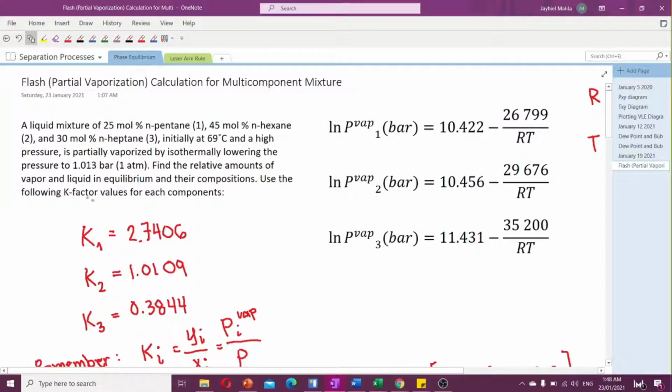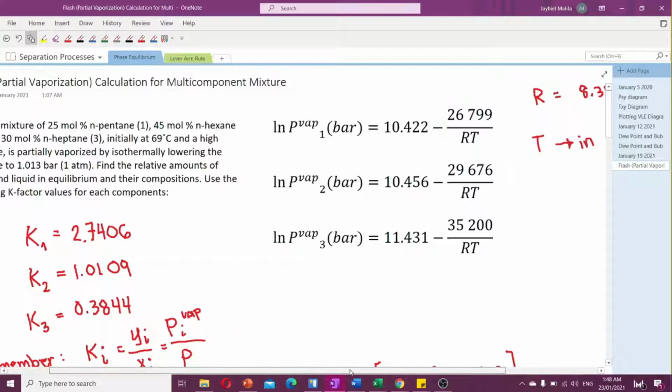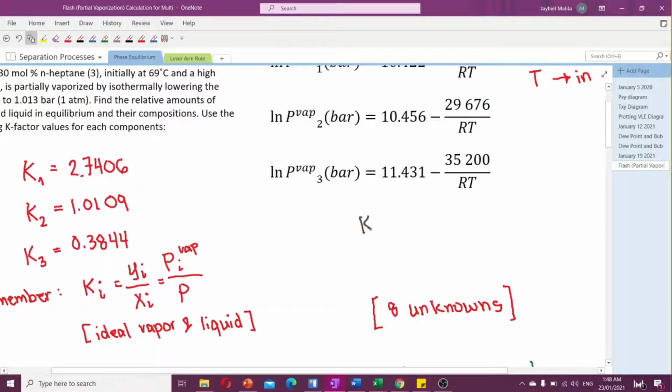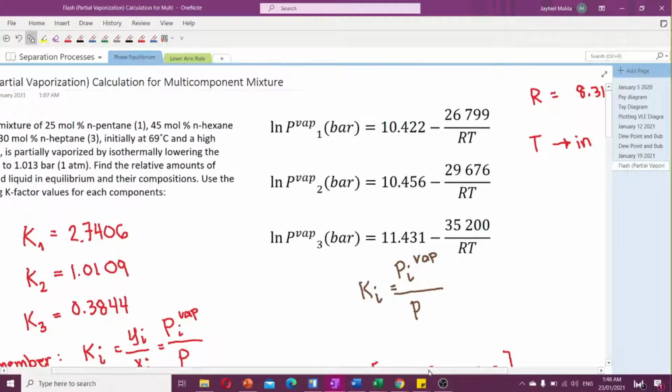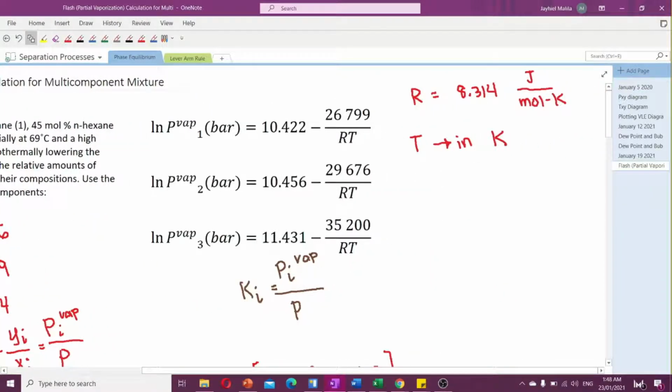Although the K values are given already, they are actually solved from the information given in the problem. Remember that Ki is equal to Pi vap over P. So the value of Ki is also dependent on temperature, because the Pvap term is dependent on temperature.